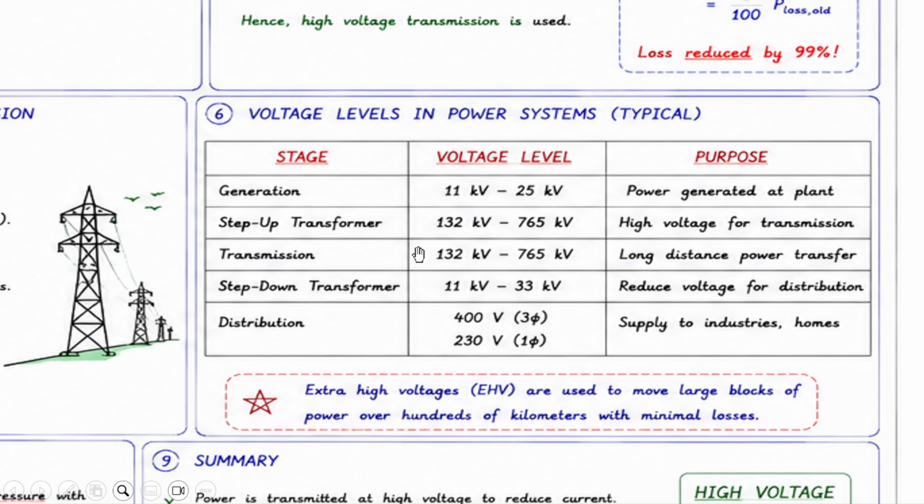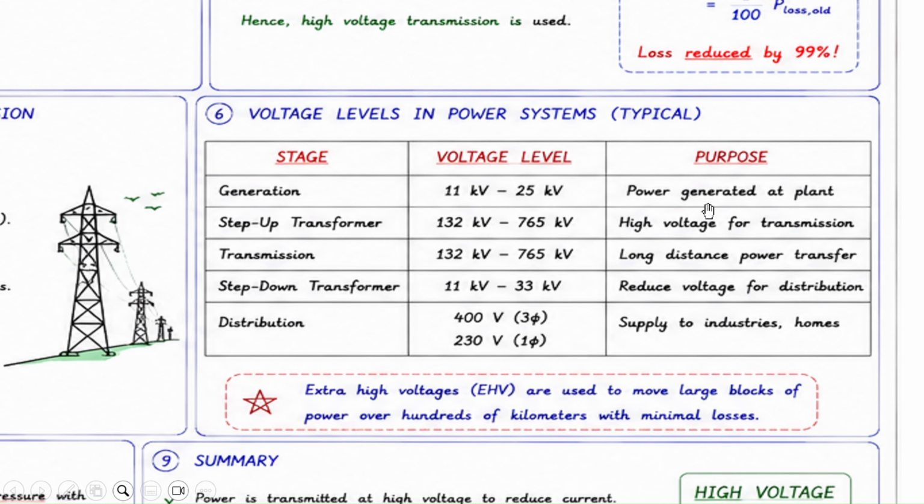Now, generally in high voltage transmission, there is the generation stage, which is at the power plant, and these are typically rated from 11 kV to 25 kV. When that power is generated, we use a step up transformer.